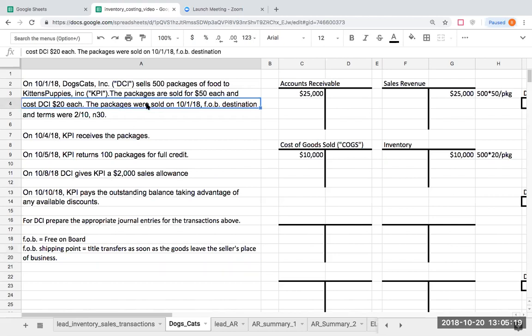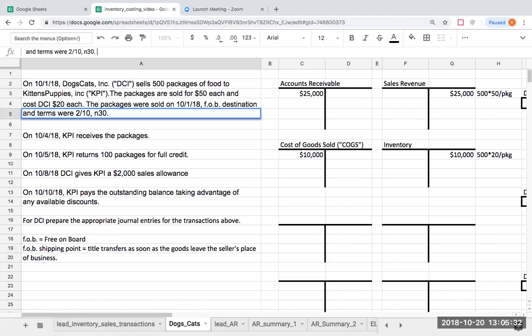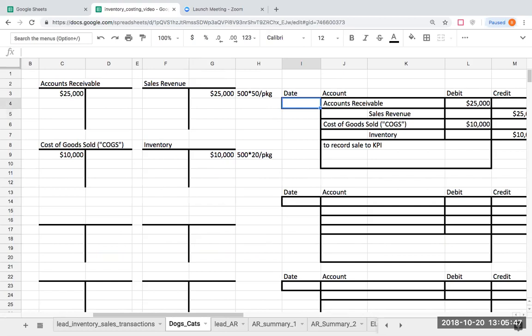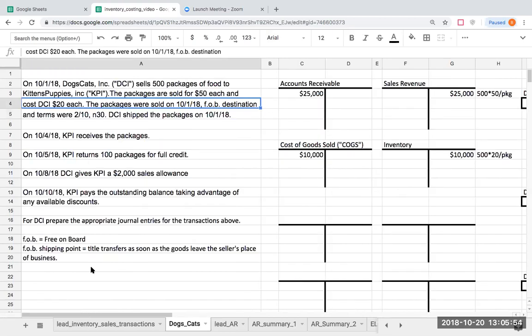If this transaction were to have been FOB shipping point, the moment that they left the warehouse, what we would do is we would say here, and I'll give this a little bit extra. The moment that they left the warehouse, we would be going over here and saying, oh, they were shipped on October 1st. This is only if it was being sold FOB shipping point.